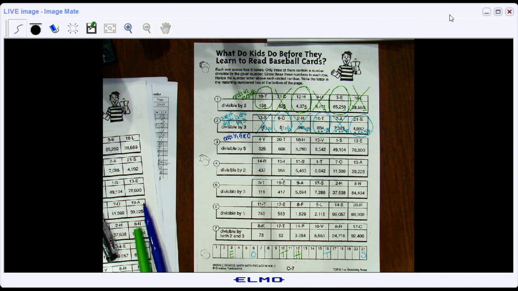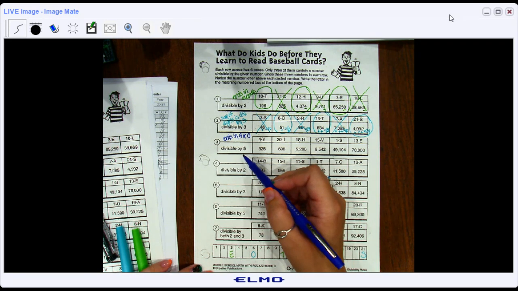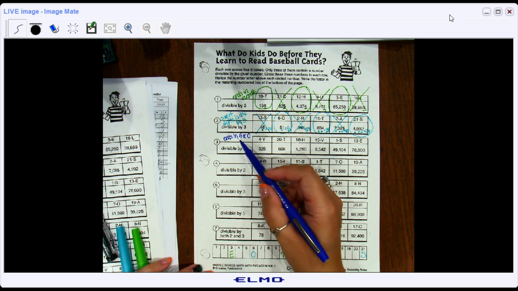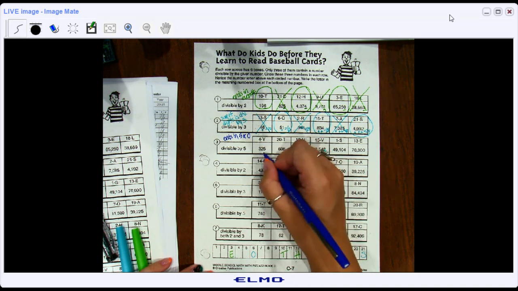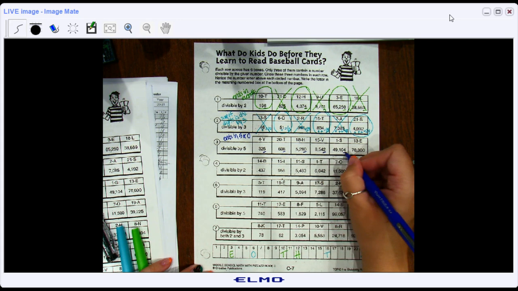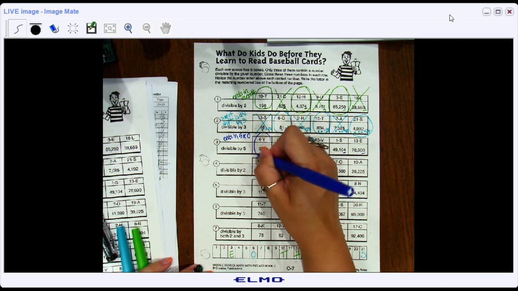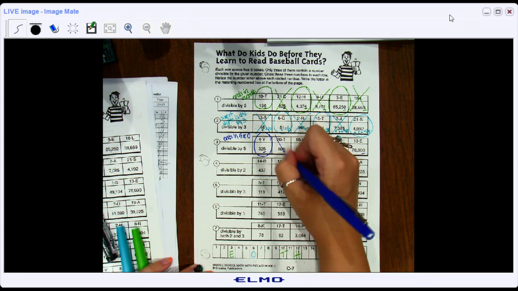Okay, and then finally, the last one I'm going to go over with you before you start on your own is the divisibility rule for 5. To determine if it's divisible by 5, it ends in a 5 or a 0. So I'm going to look at that last digit again and see if it ends in 5 or 0. Ends in 5, so 5 is going to be able to go in. Doesn't end in 5 or 0.